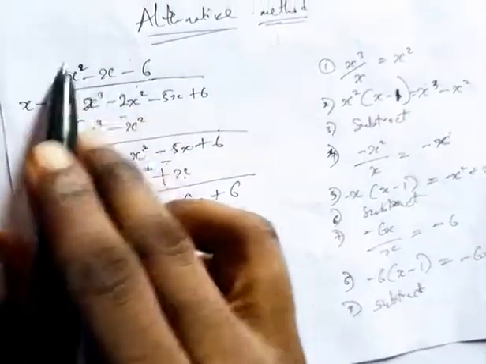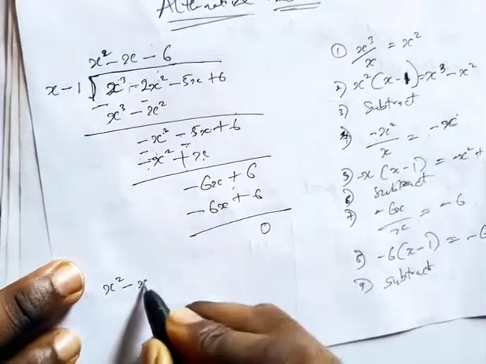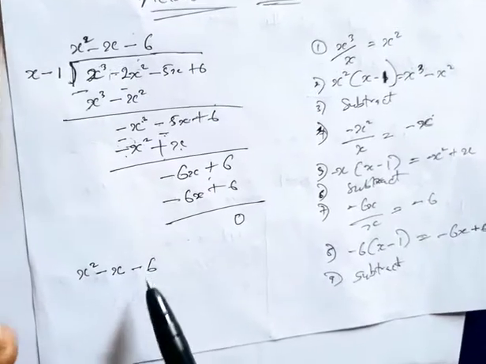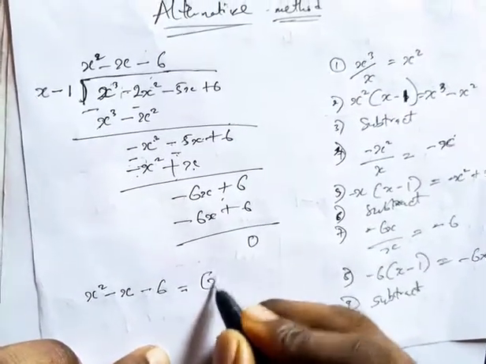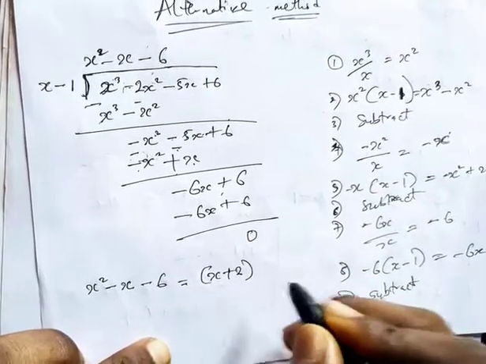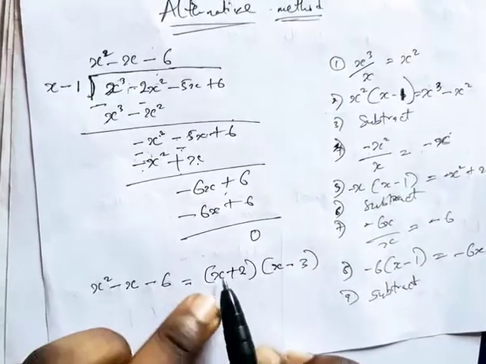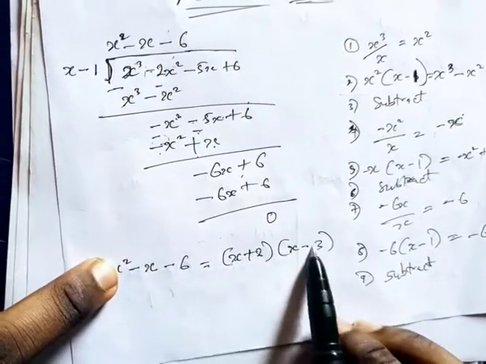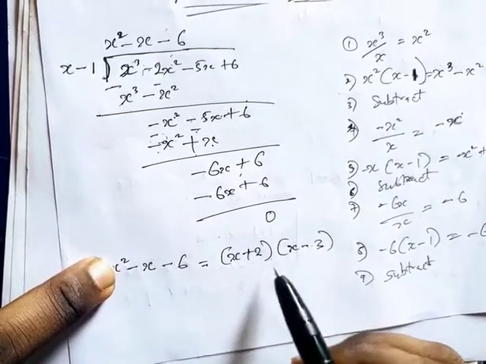Now, from my answer above, x squared minus x minus 6, I can see that this easily factorizes into x plus 2, x minus 3. So we can see it: this multiplied by negative 3 gives me negative 3x.